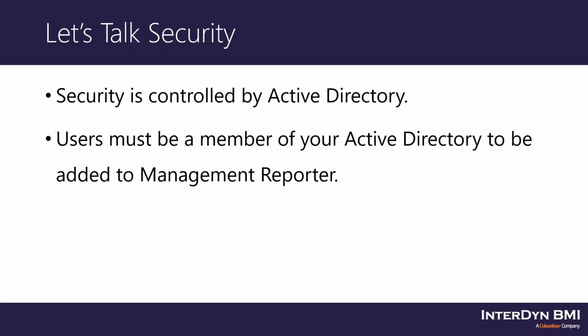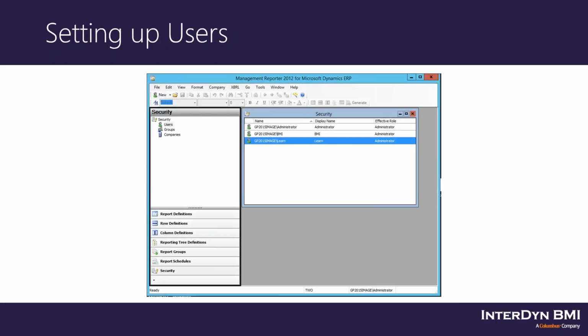Typically, I say they have to be able to connect to a VPN, but I have read documentation recently about how to get your web viewer link outside the firewall so people could access it. They would still obviously need to be an Active Directory user on the server, but those kinds of things are possible. So we're going to talk about that today, and we're going to get into setting up users.